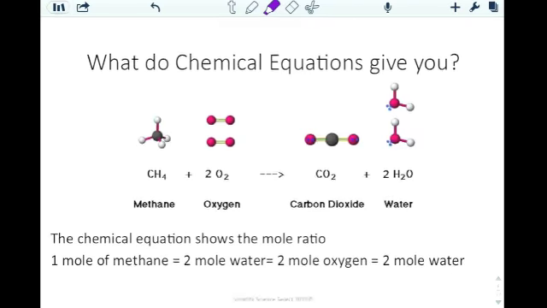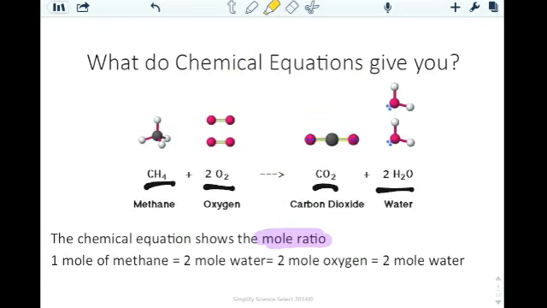So what does the chemical equation give you? When we look at our chemical equation, this is a combustion reaction. We have our methane reacting with our oxygen to produce our CO2 and our water. The chemical equation shows us the mole ratio, and the mole ratio is given by these numbers up front, our coefficients.